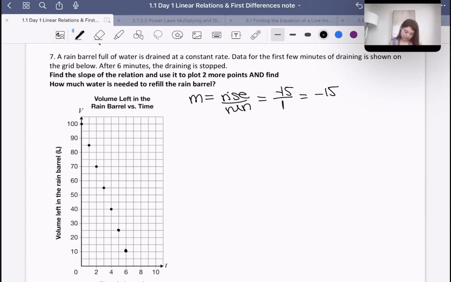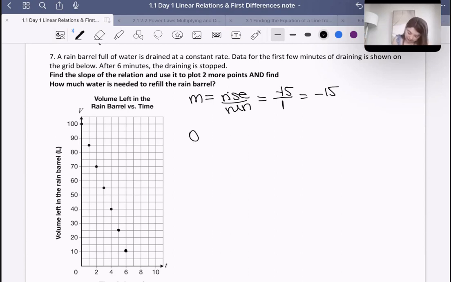But it says here, volume left in the rain barrel in liters versus the time, because it's draining at a constant rate. If we assume that the full capacity is 100 liters, we want to know how much water is needed to refill it. So what would we have to do to get it back to that 100 liter mark?